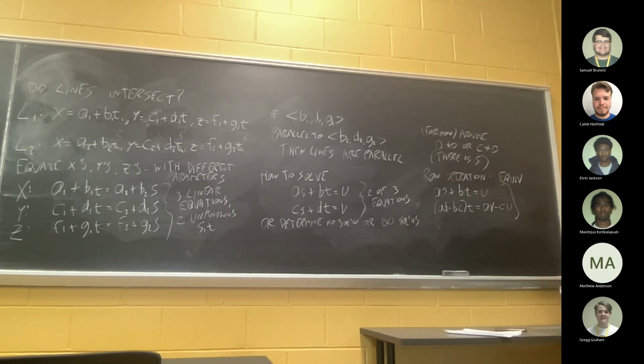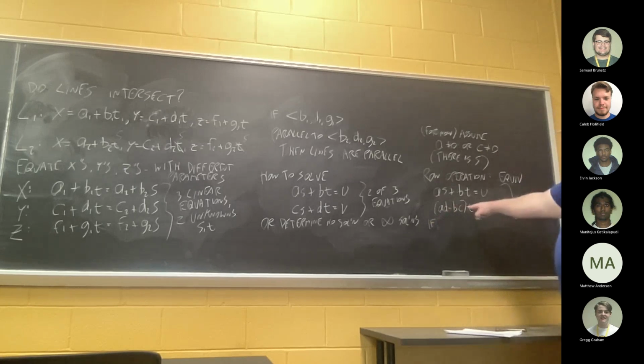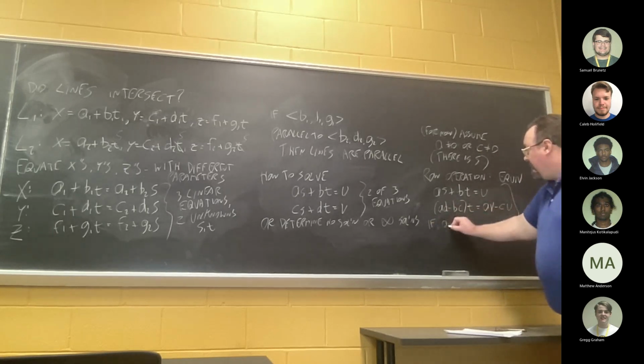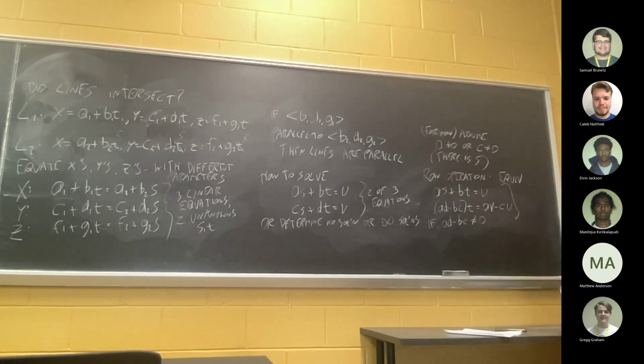So if this coefficient of T right here, AD minus BC, is non-zero, which is why I made this assumption up here, because otherwise it definitely would be zero, then I can just give you formulas for T and S right now.